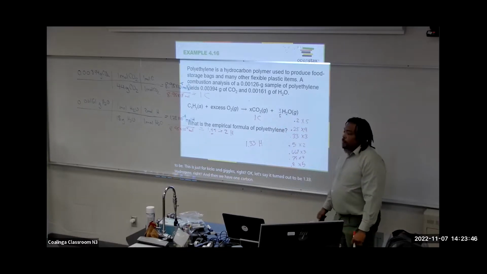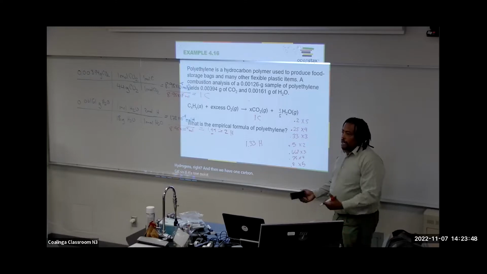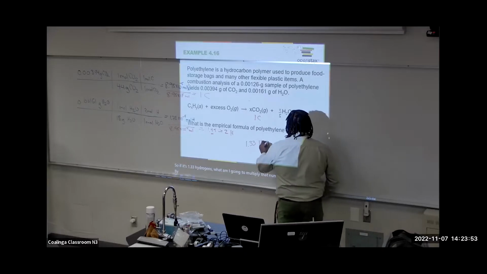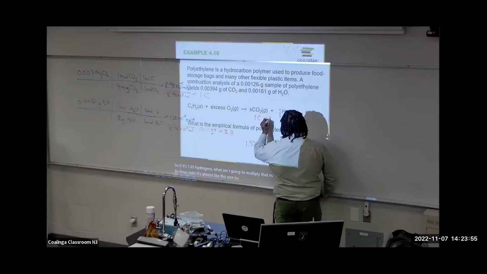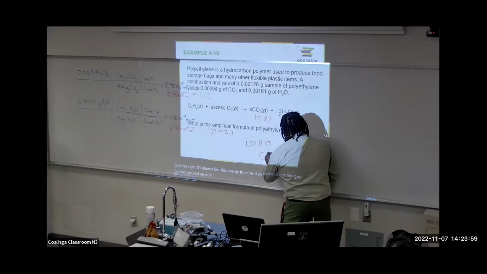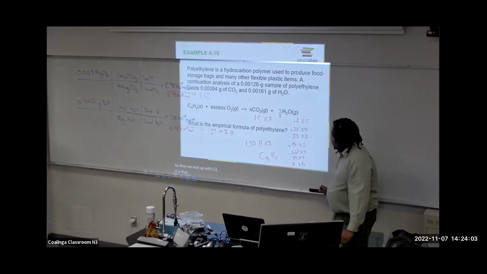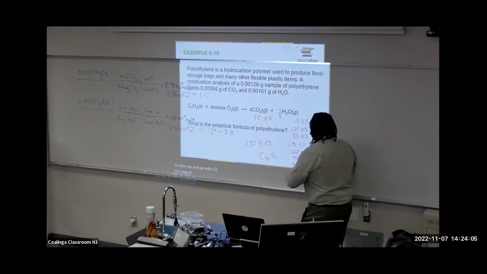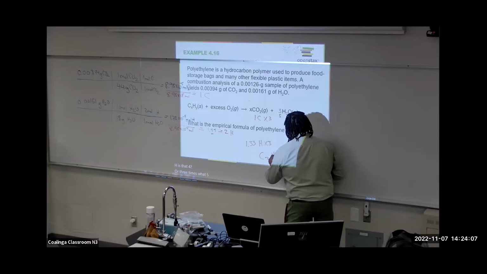What am I going to multiply that number by? We'll multiply this one by 3, and we have to do the same thing to this. So then we end up with C3H4.